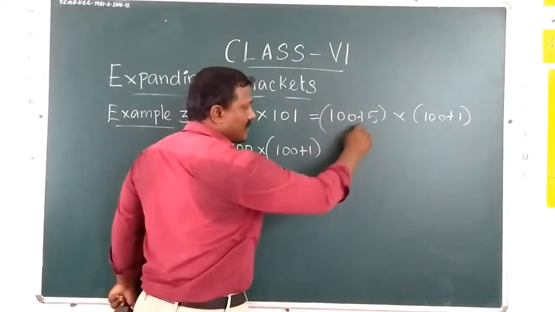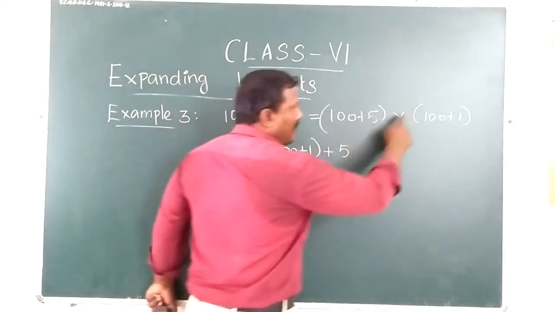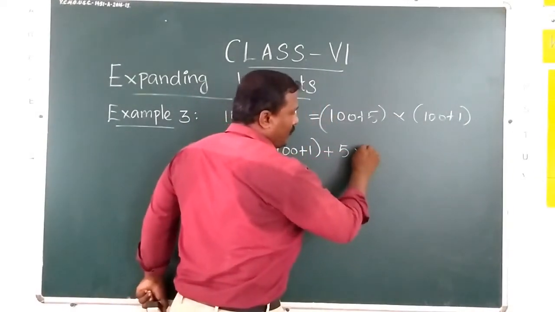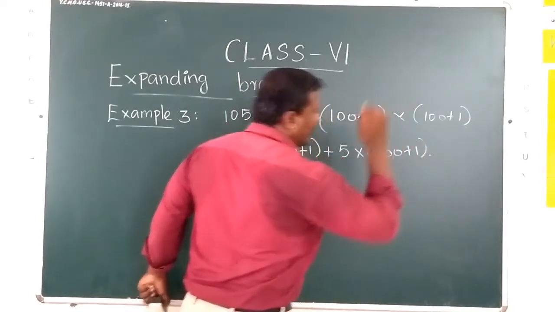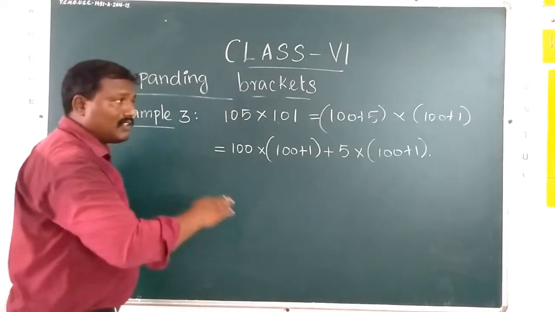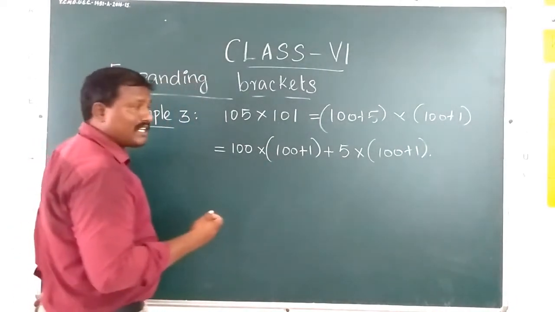Then after that plus 5, this 5 to this whole, so 5 multiplication 100 plus 1. That's it. First I write this for your easy understanding.